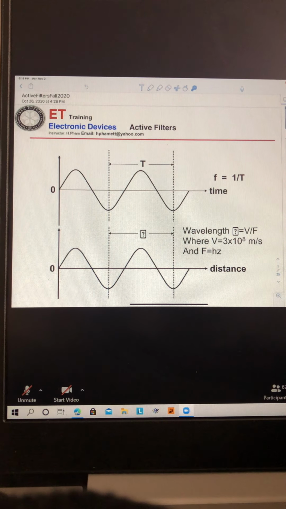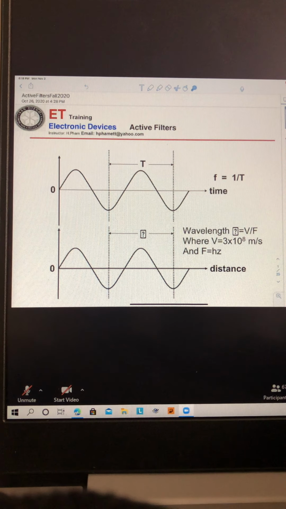Okay, if you haven't, make sure you download the JFET lecture for today and tomorrow. You have to go into the handout and download the JFET. Is the active filter still in the handout?